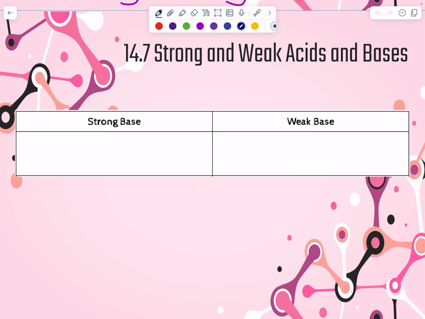Okay, so last time we were looking at the difference between strong acids and weak acids, and now we're doing the same thing with bases. Basically, these adjectives mean the exact same thing.